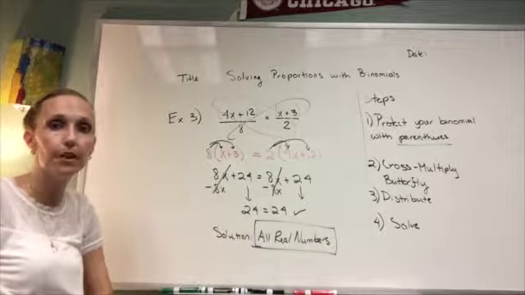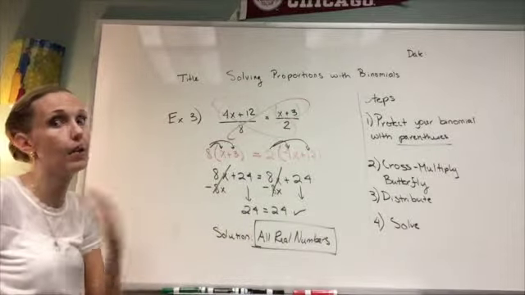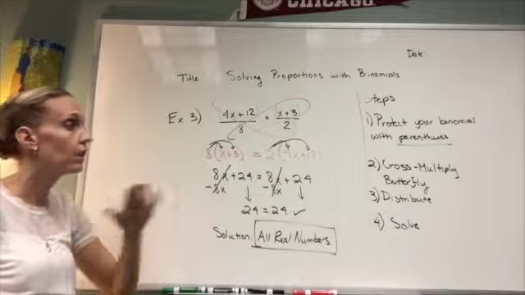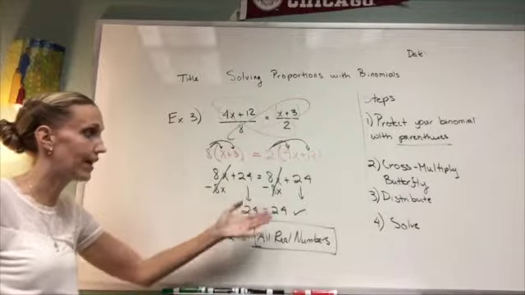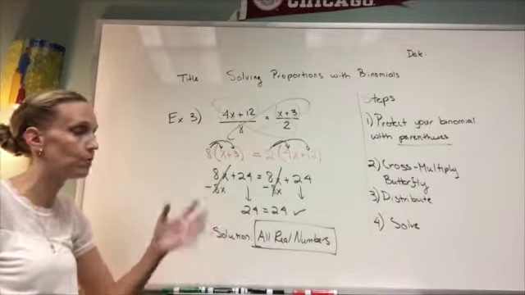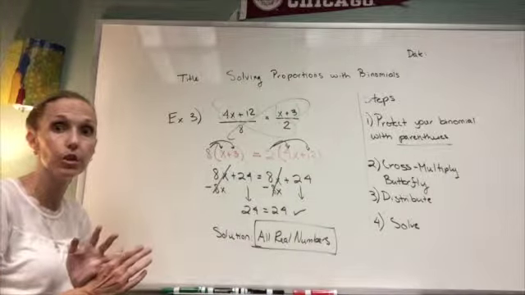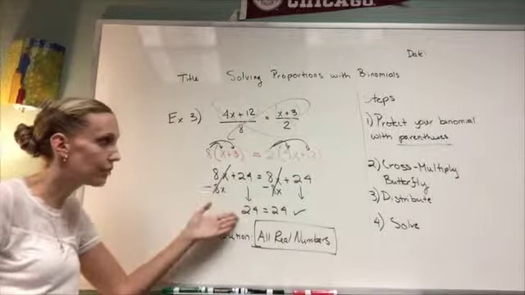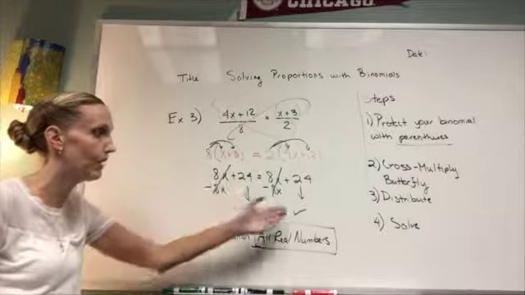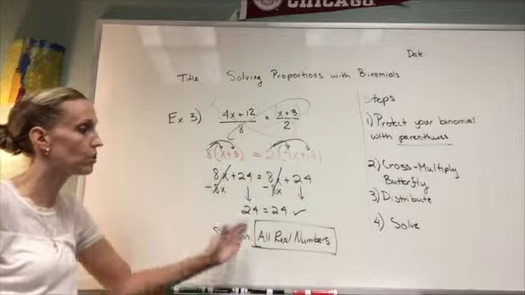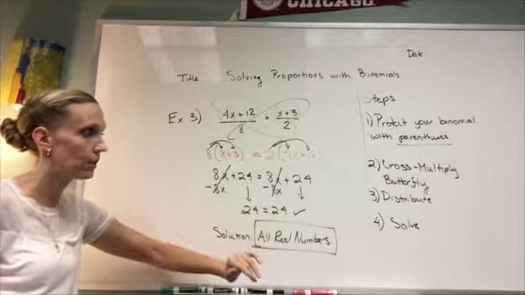We always want to combine our variables first because if they disappear, I want to know sooner rather than later. So we subtracted 8x. Sure enough, they disappeared, which means we have a special case. Either it's all real numbers or no solution. But because I have a true statement, because 24 equals 24, my solution is all real numbers.